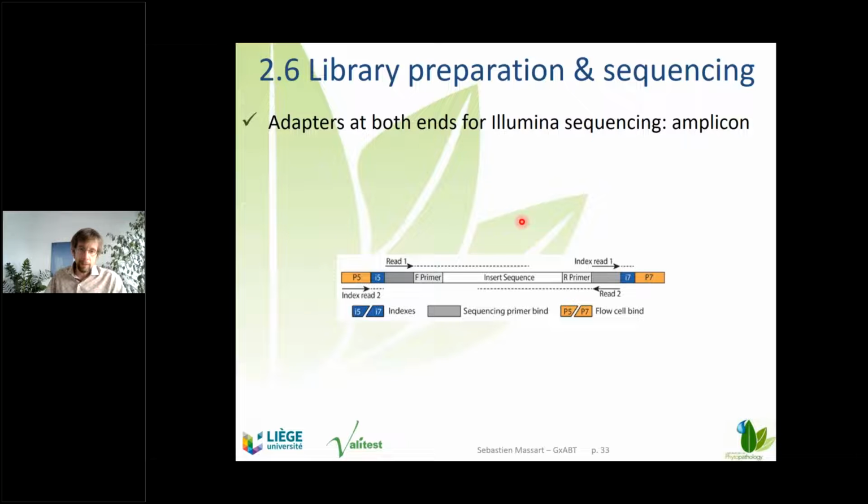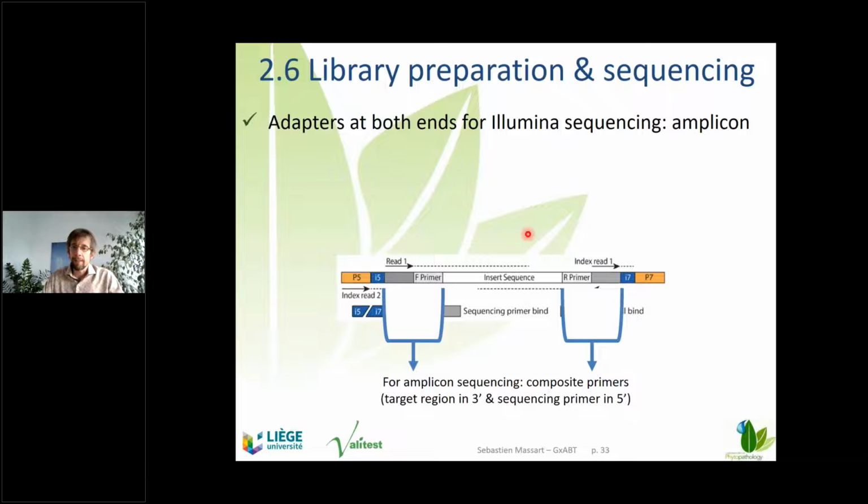If you do amplicon sequencing, what is there? You have the first PCR. You remember, amplicon sequencing is a PCR, and this PCR is in fact using composite primers. You have the forward primer, which can be a 16S primer targeting a specific region of the rDNA. You have your reverse primer, which is also targeting a specific region of the 16S rDNA, 300-400 bases apart from the other one.